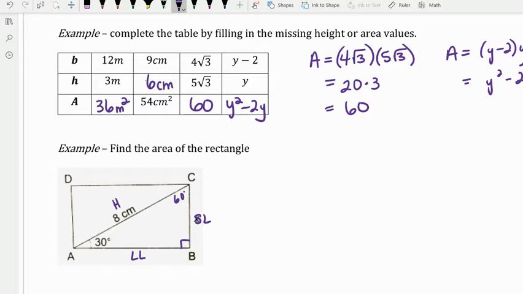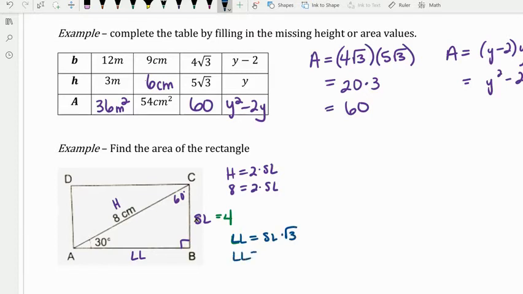To get the long leg and the short leg, well, I know that the hypotenuse is 2 times the short leg. So if our hypotenuse is 8, then that would mean that our short leg has to equal 4, right? Just 8 divided by 2. And then our long leg, I can get by doing the short leg times radical 3.